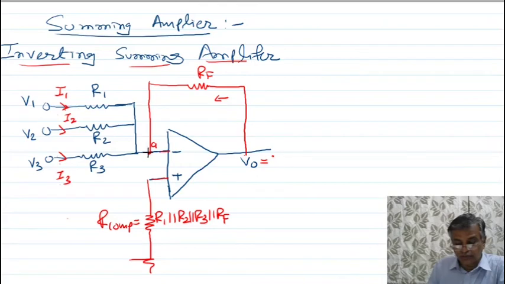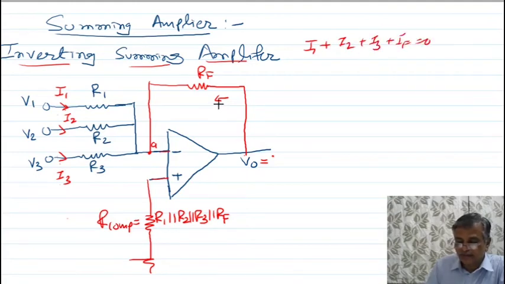So the sum of the currents at this point tends to 0. I am writing I1 plus I2 plus I3 plus IF is 0. So I can write V1 by R1 plus V2 by R2 plus V3 by R3 plus VO by RF is 0.